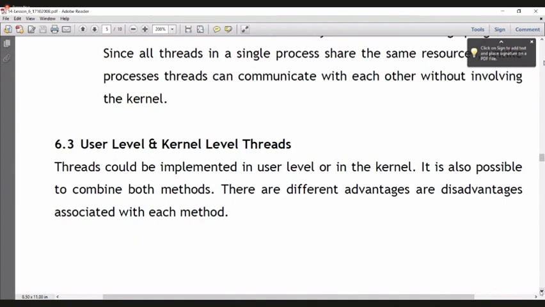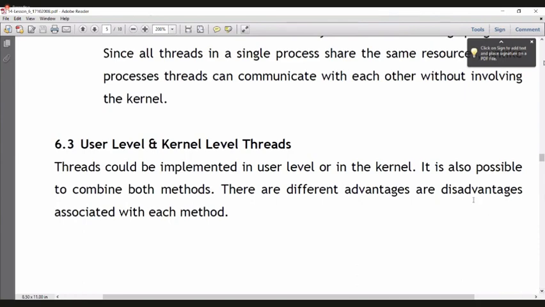Then there are two types of threads, user level and kernel level threads. Threads could be implemented in user level or in the kernel. Kernel means the system level, right? User level is the programmer, whoever uses the computer.